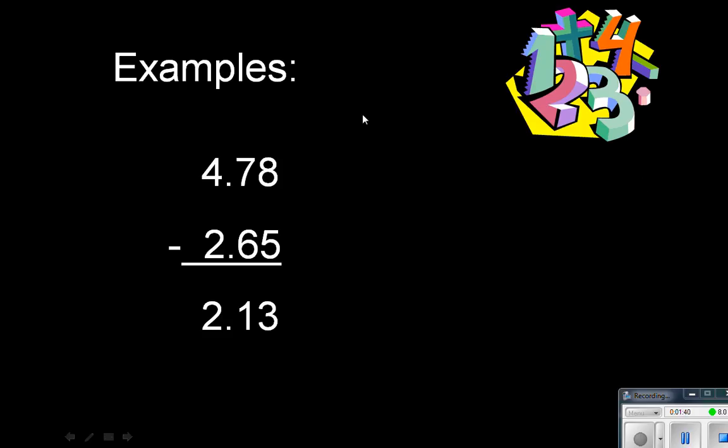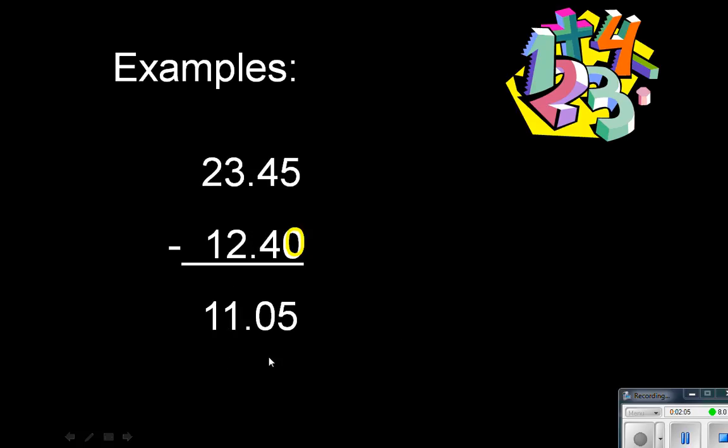You can see that there's no open spots, so we don't have to place any zeros because the decimal points here are completely lined up. We are subtracting 8 minus 5 is 3, and so on, working right to left, and the decimal comes straight down to the bottom into the difference. The next problem wasn't as lucky.